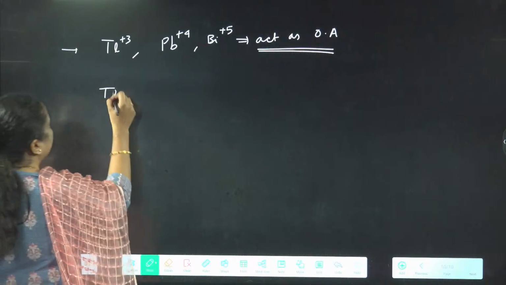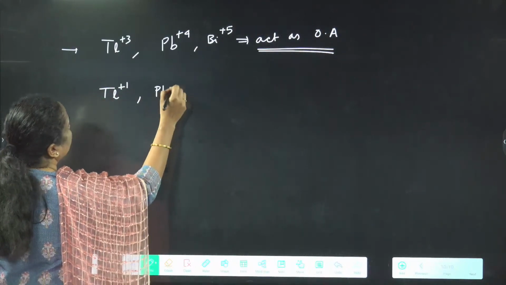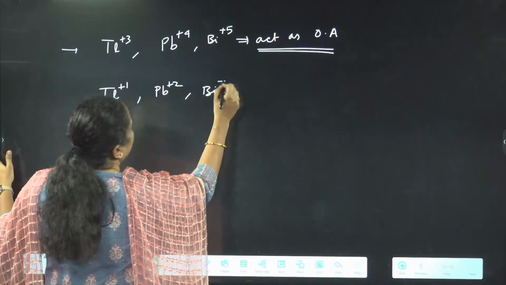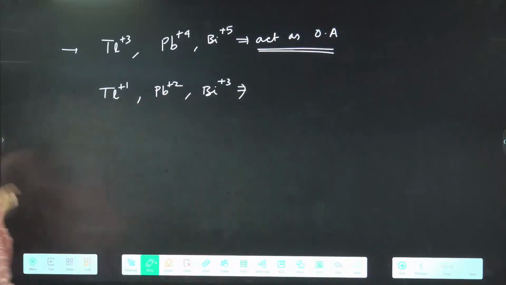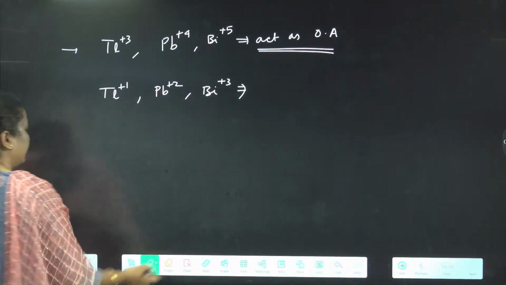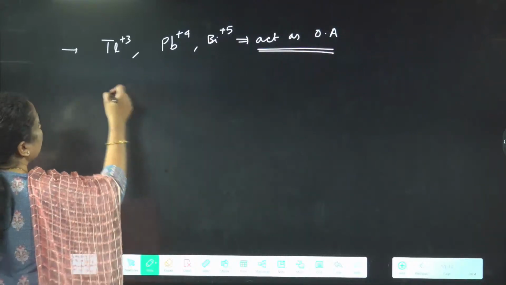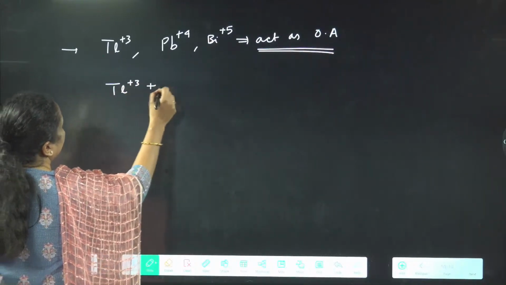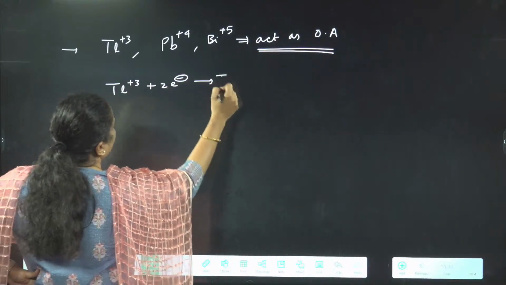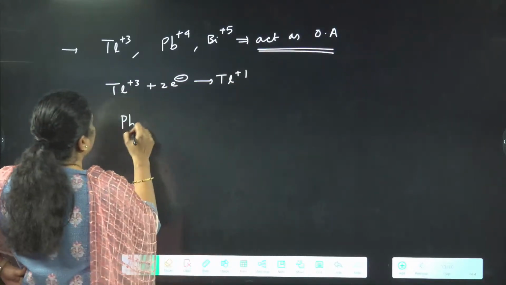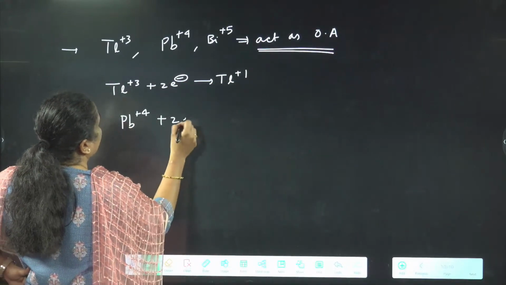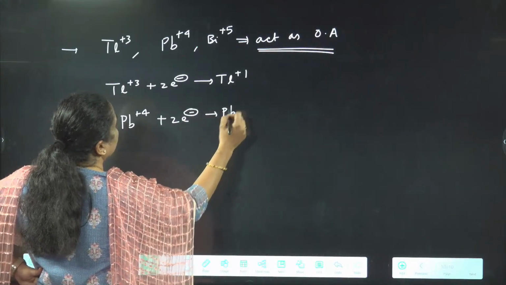And if I am writing thallium +1, Pb +2, Bi +3, they will be acting as reducing agents. Basically, why do they act as oxidizing agents? Because thallium +3 will accept 2 electrons to get into the thallium +1 form. Pb +4 would love to accept 2 electrons to form Pb +2.